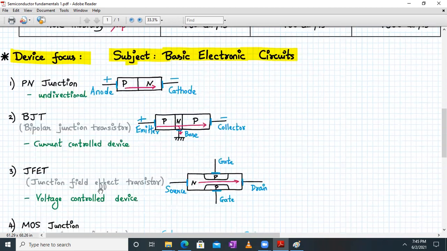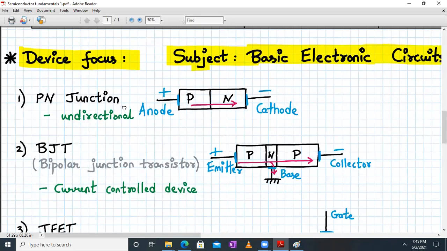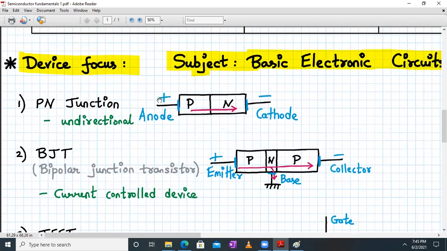So let's focus our attention on the devices we are going to study in detail in basic electronic circuits. First is the PN junction diode. It has two terminals, an anode and a cathode, and it's a unidirectional semiconductor device.